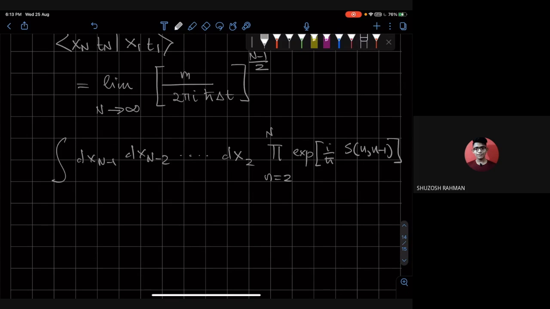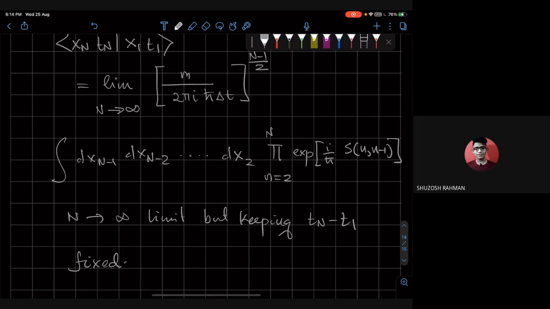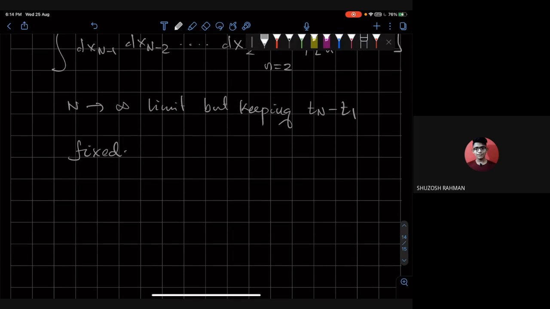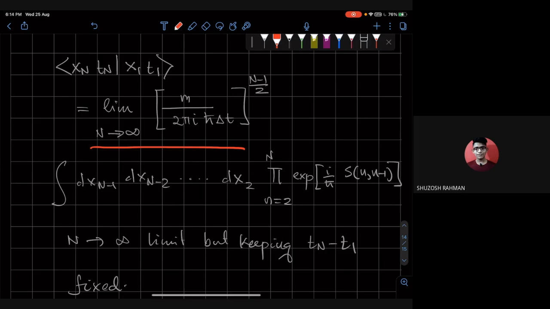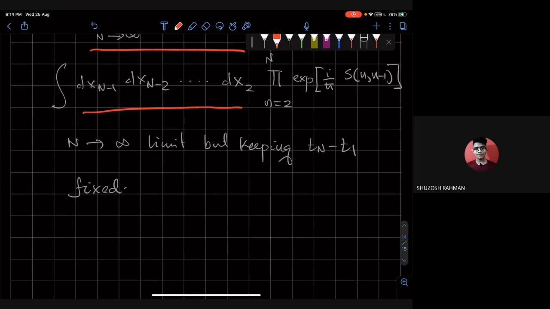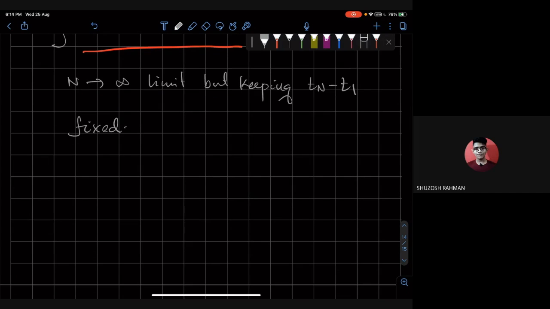Okay. So we're taking the N equals infinity limit, but keeping the interval t n minus t1 fixed. So this measure, this thing and this thing, usually there's a notation for this, and the notation is: start at x1, finish at xn, big D, x of t.